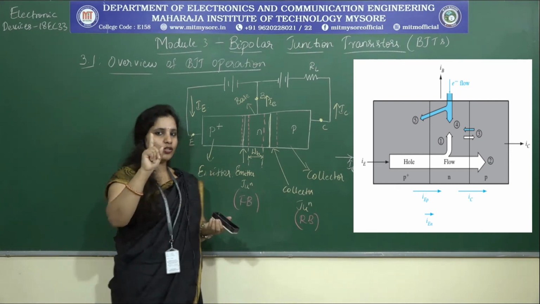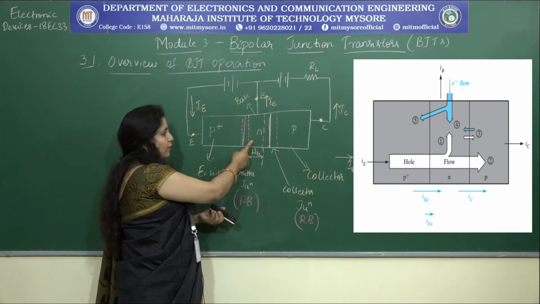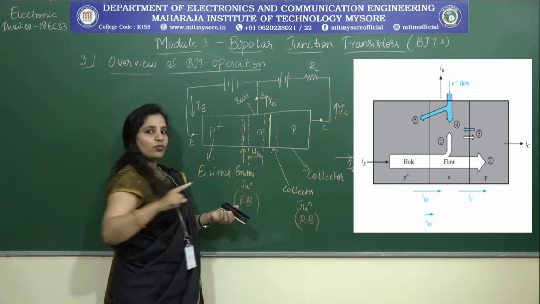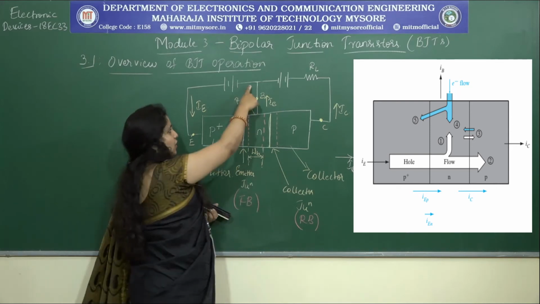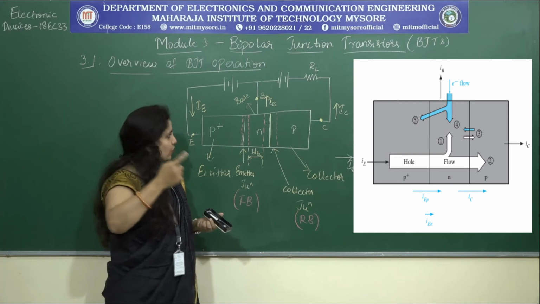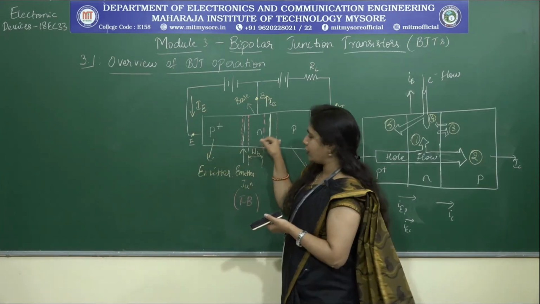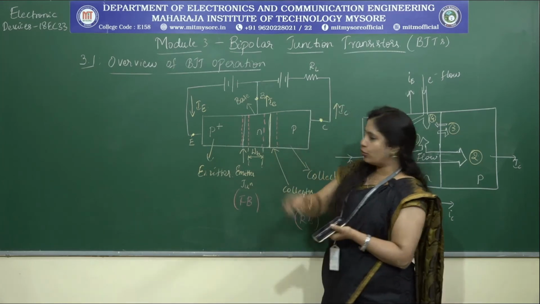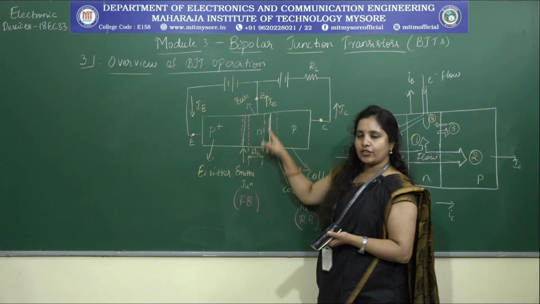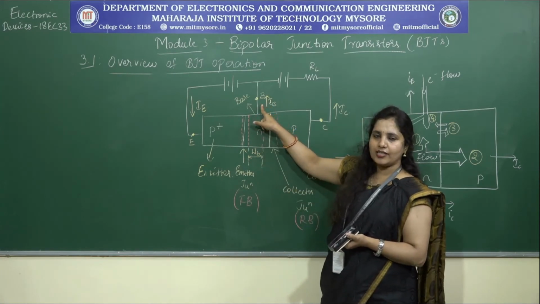So the three key points: the first is the recombination, the second is the holes getting diffused from the N type to the P plus. Both of these need to be compensated. For that reason, externally you are providing the electrons, therefore the conventional current direction has to be reversed. And then there are also certain electrons present in the P type trying to move into the N type, which in turn will increase the carriers, that is the electrons in the N, which results in the reduction in the IB current that I can see.